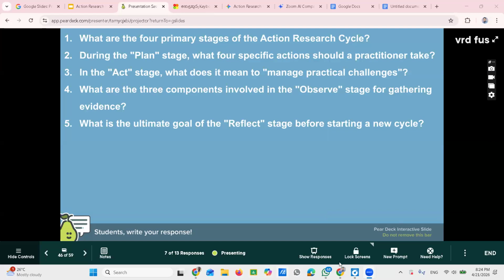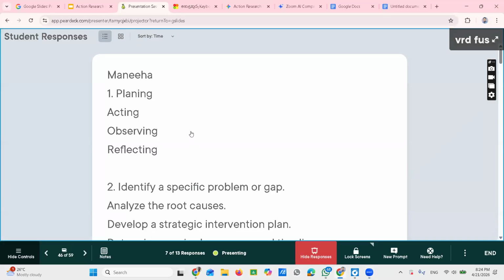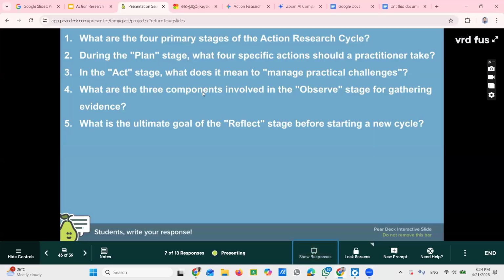Look at one answer, here Manisha's answer: planning, acting, observing, and reflection. Then the second question: during the plan stage, what 4 specific actions should a practitioner take? Here it is also important to know these 4 specific actions.